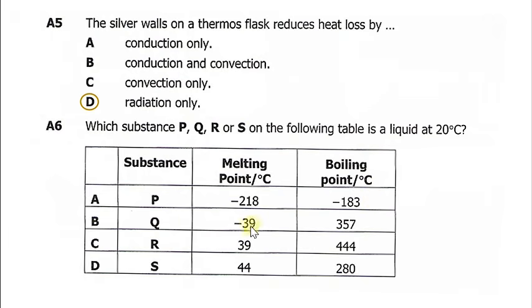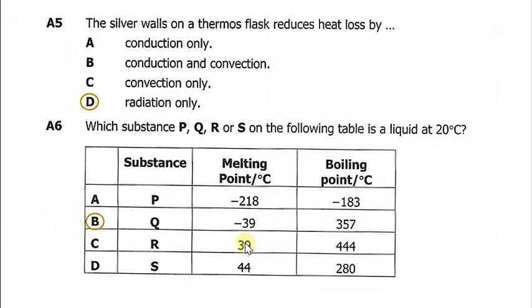So this option is wrong. Then let's see Q. At negative 39 degrees Celsius it starts melting. Then it will start boiling at positive 357 degrees Celsius. So it can melt and get up to that still in liquid form, and it will only start boiling at that. So this one makes sense. This one is the correct answer.